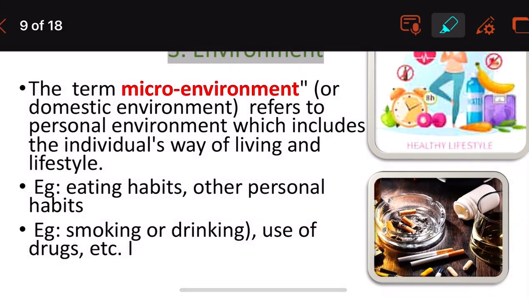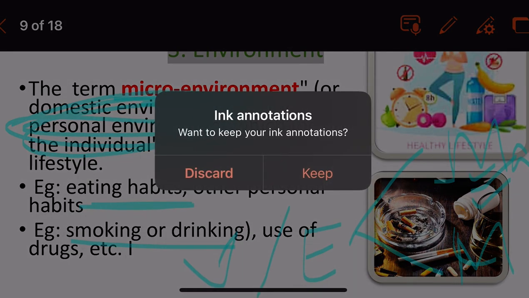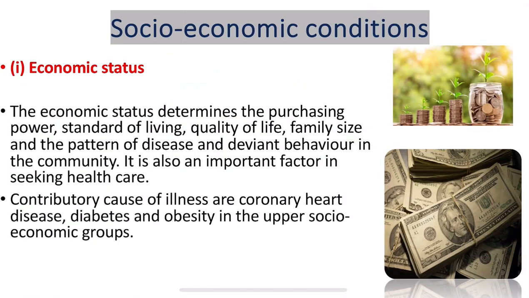The environment we had internal, then external; under external we have macro and then micro. Under macro, the environment could be physical, biological, psychosocial. Under the micro environment, it is the person's personal environment, which includes his eating habits and personal habits such as smoking, drinking and use of drugs. I hope the environment point is clear.